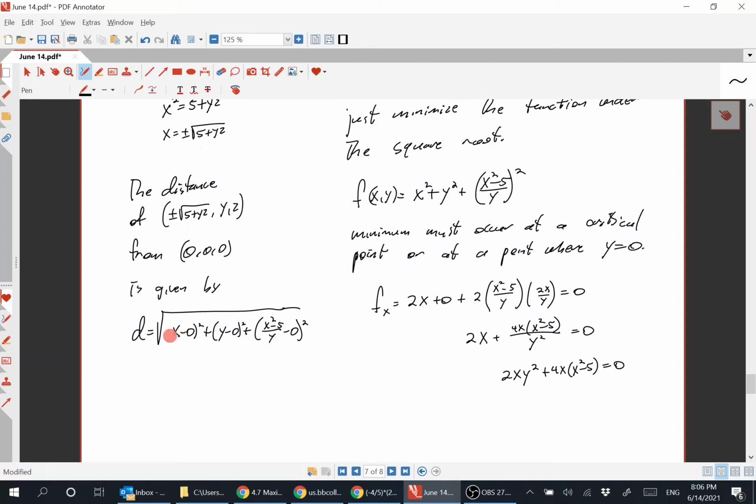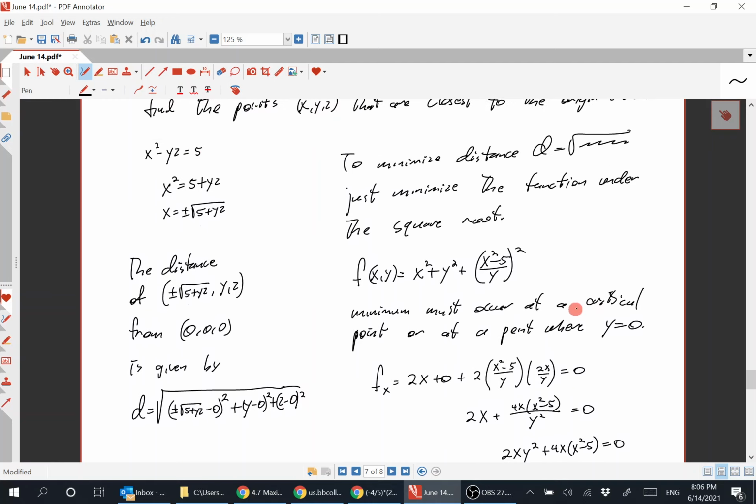So the distance from 0, 0, 0 to that point is going to be plus or minus the square root of 5 plus yz minus 0 squared plus y minus 0 squared plus z minus 0 squared.